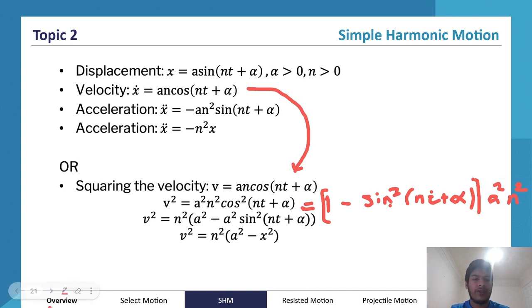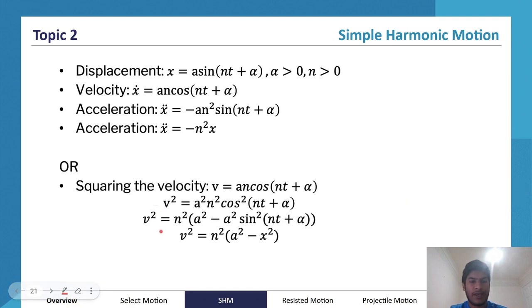And so if we express that in that sense, we've got v squared equals n squared times a squared minus a squared sine squared nt plus alpha.